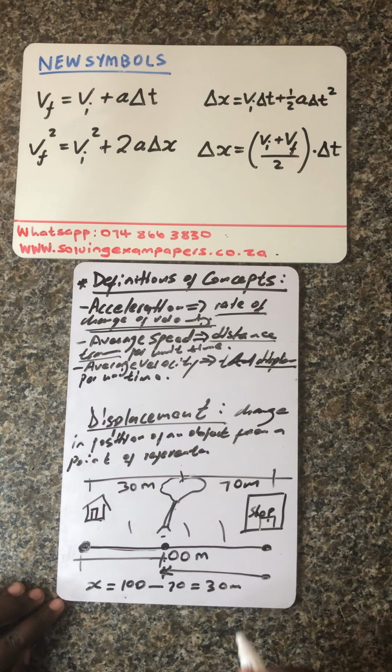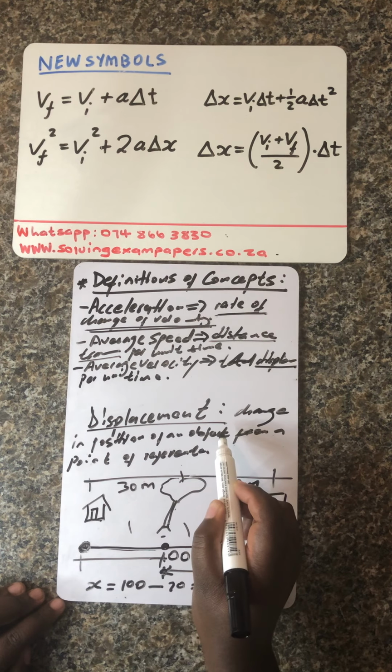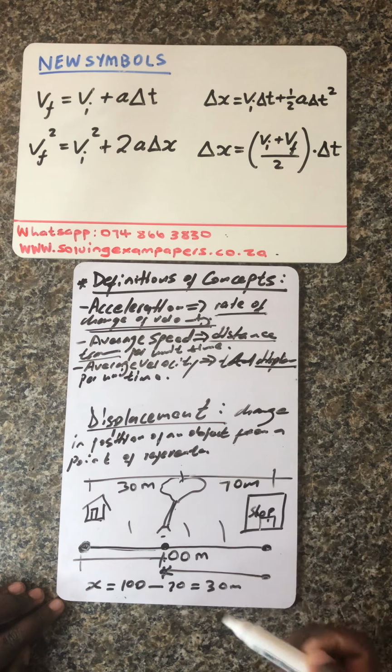So the difference between displacement and distance is that distance is the total length of the path traveled by an object, or traveled by this person who went to buy the bread. So now the question is, what is the distance traveled?